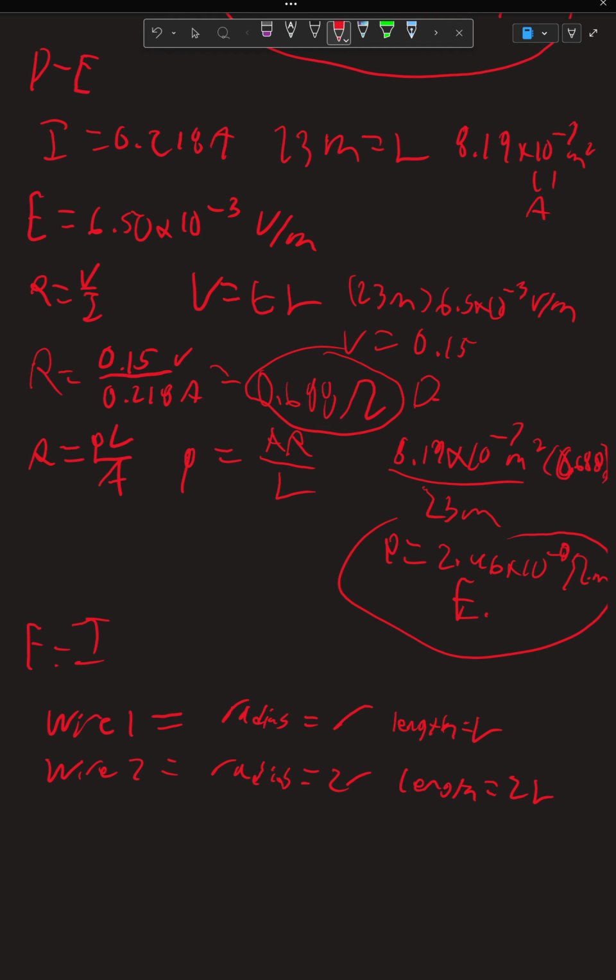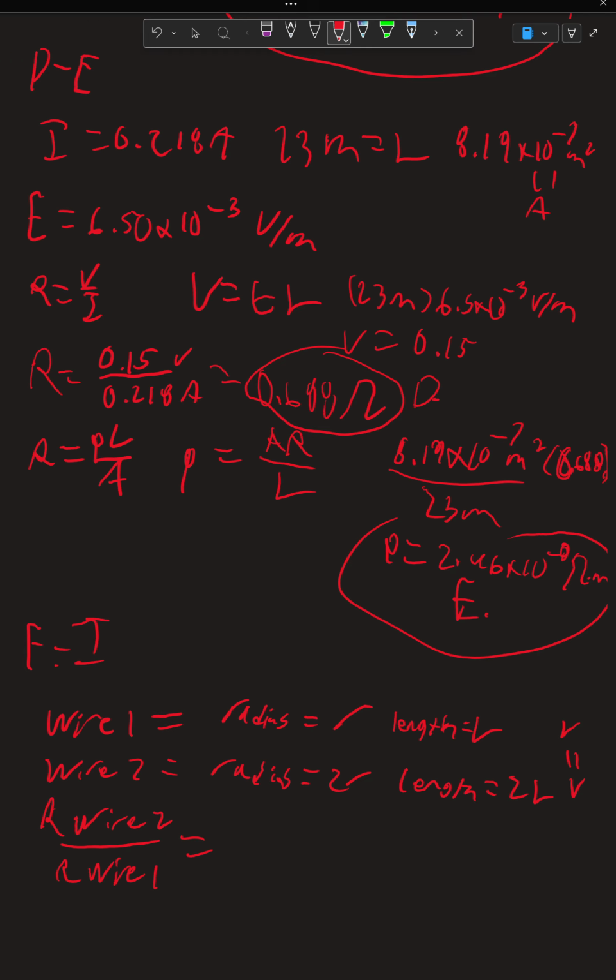So V equals the other V for both wires. Find the ratio of the resistance of wire 2 over wire 1. So R wire 2 over R wire 1.